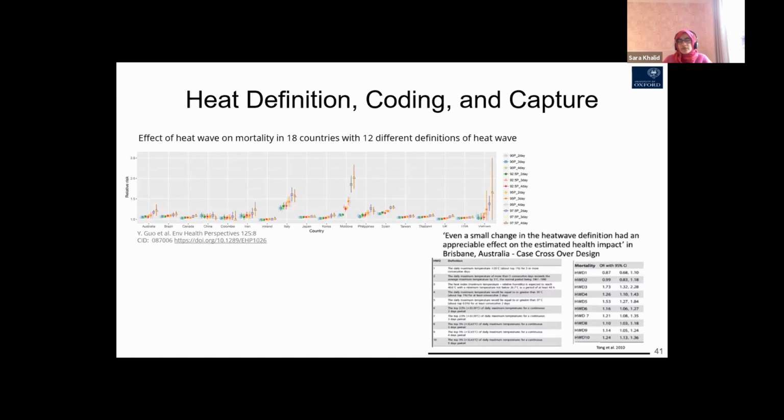Further, there's no standard or universal definition of heat or even a heat wave. And this can be important since, as shown by the two studies on the screen, even small differences in the definition of heat can change findings significantly.